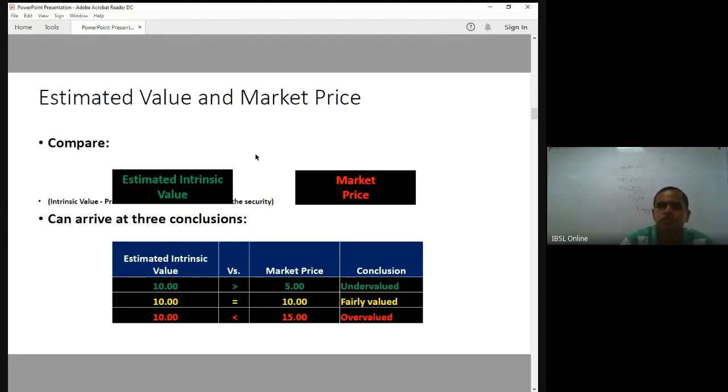Right, so let's see how an asset can become either undervalued, fairly valued, or overvalued.